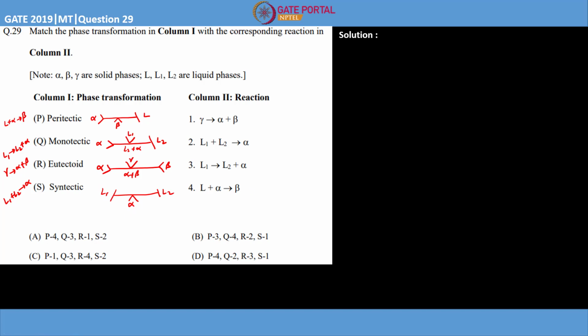Now we'll try to match the right option in column 2. So the peritectic reaction is liquid plus alpha giving rise to beta.